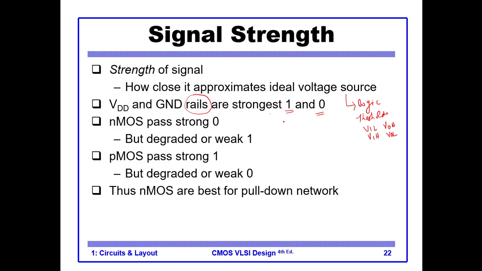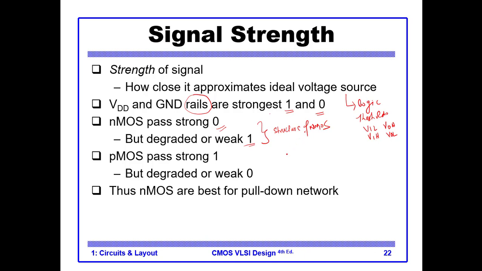So NMOS passes a strong 0. This is important to note. NMOS can pass a strong 0, but a weak 1. What is the reason for this? We will discuss this when we go into the structure of NMOS in the later lectures.